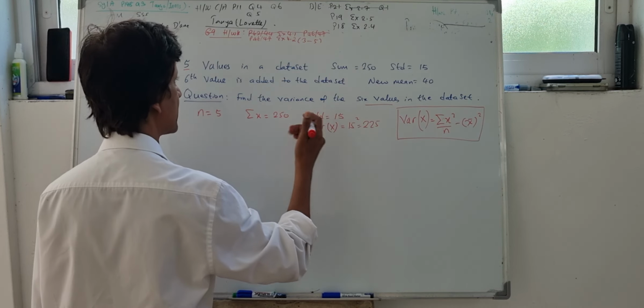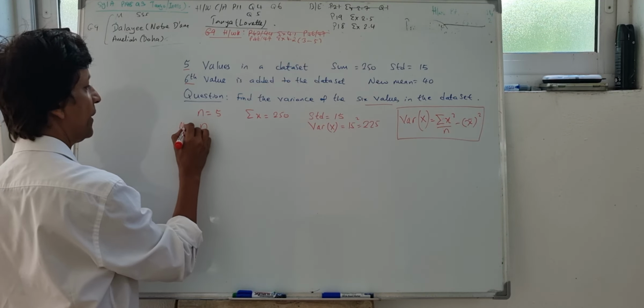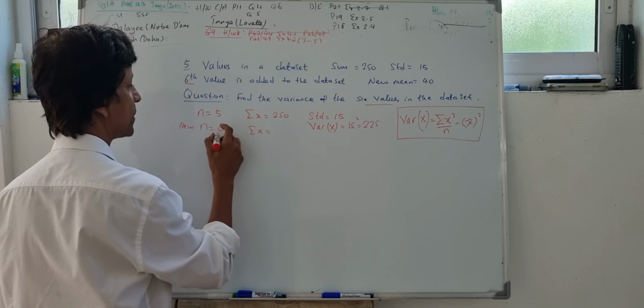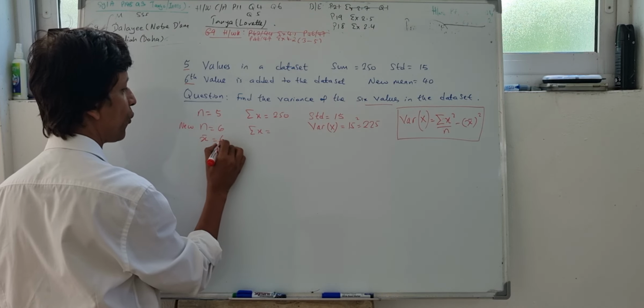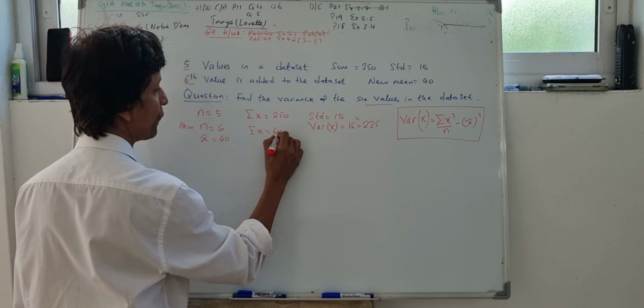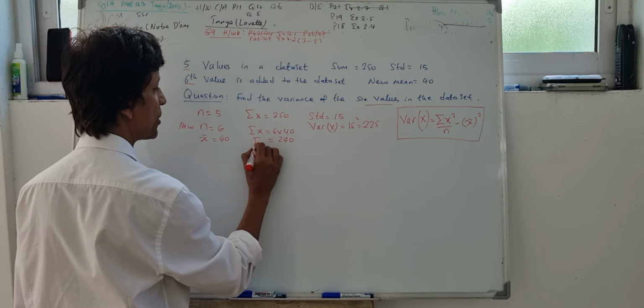Now, where do we go from here? A 6th value is added, so the new value of n is 6, and the new summation of x is 6 times the mean, which is now 40. So 6 times 40 gives 240 as the new summation of x.